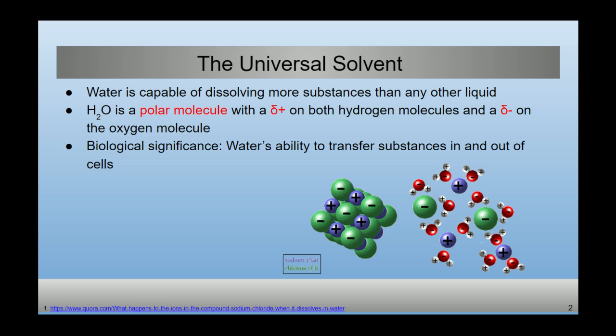The biological significance of this is that water has a unique ability to transfer substances in and out of cells more easily than other fluids. You'll see that play a huge role when we talk about transport around the body of certain nutrients and even wastes.